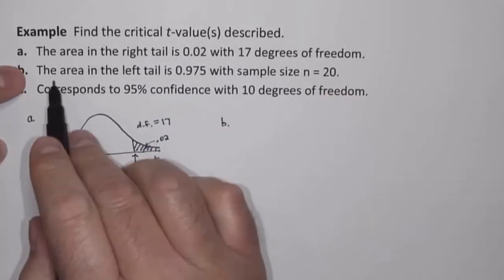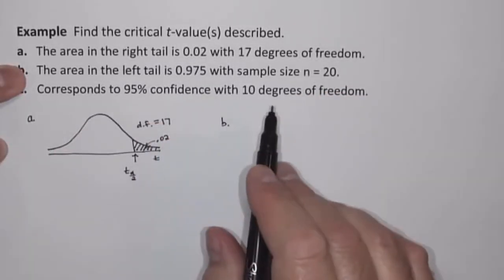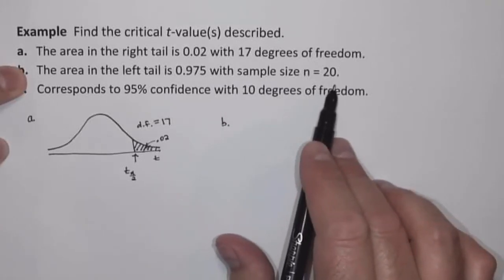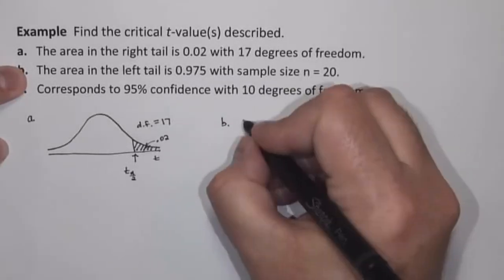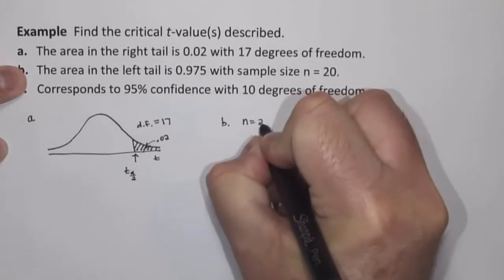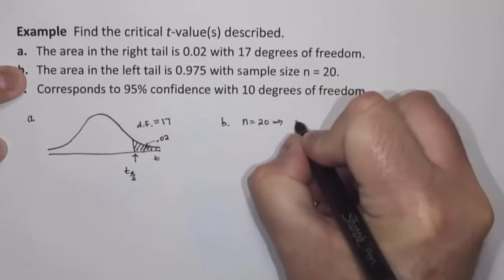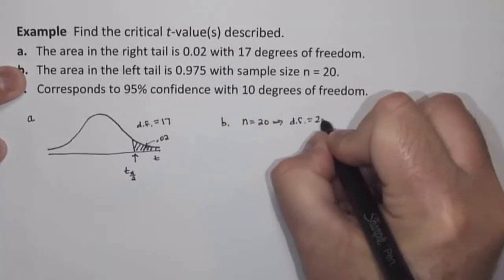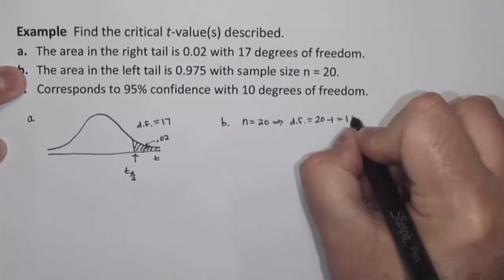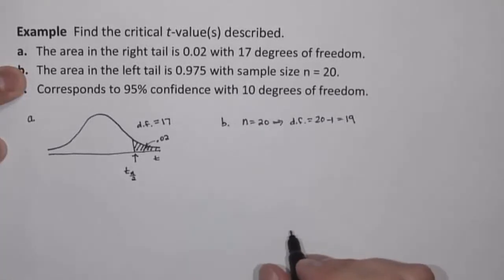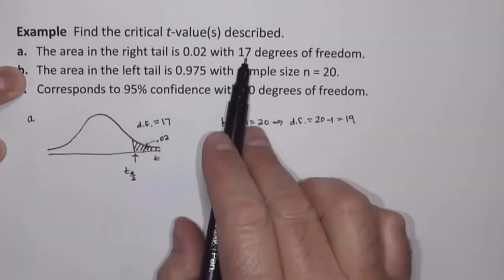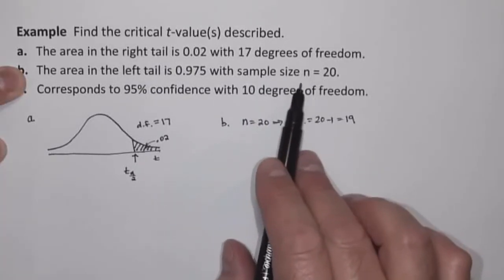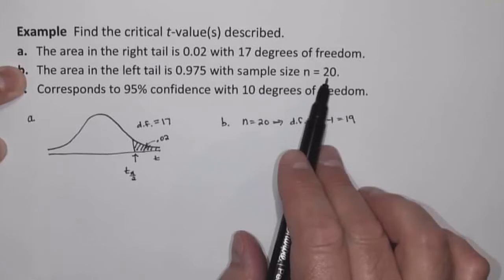In part B, the area in the left tail is 0.975, and we have a sample size of n equals 20. First of all, if the sample size is n equals 20, then the degrees of freedom will be 20 minus 1, which means we'll have 19 degrees of freedom. So we do have to pay attention: do we know the degrees of freedom or do we know the sample size? If we know the sample size, then our degrees of freedom is going to be 1 less than that.